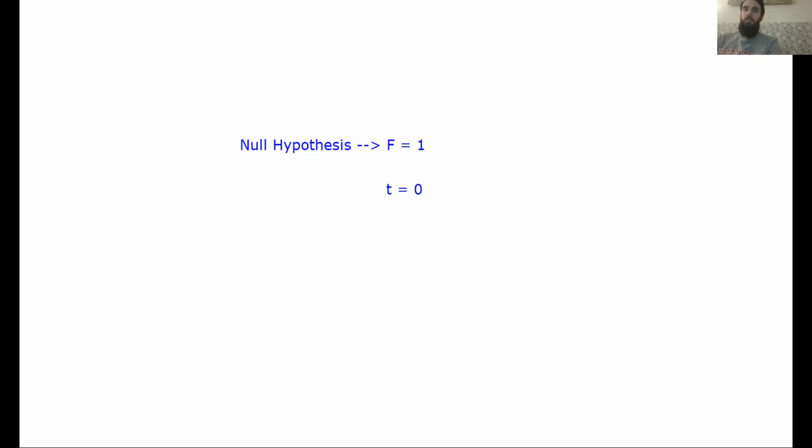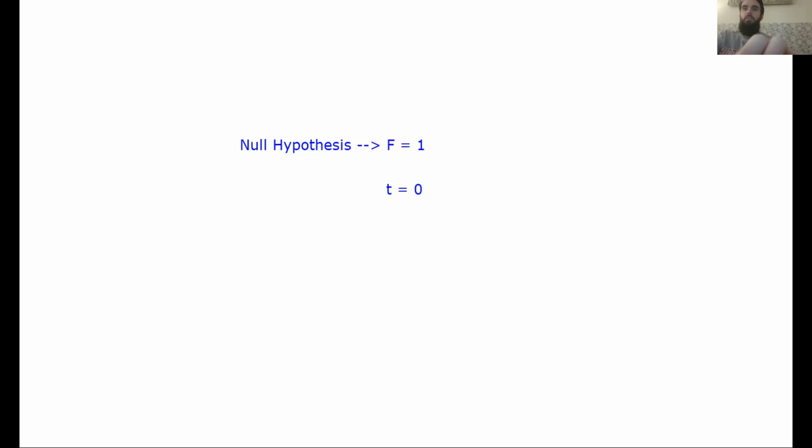Basically, though, scrolling down a little bit, this is what the degrees of freedom look like. So for t, you would write up one degree of freedom for your t value.